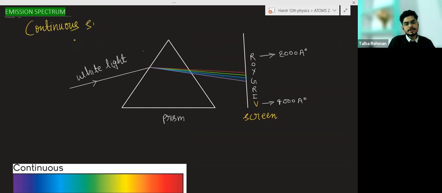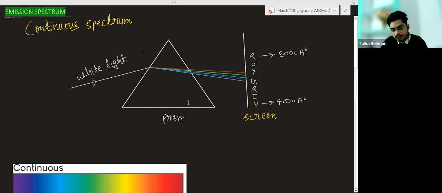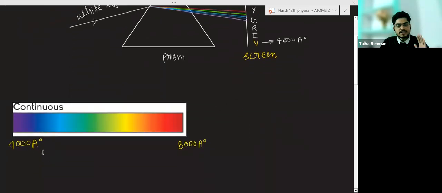This is known as the continuous spectrum. In a continuous spectrum, on the screen you will get all the possible wavelengths from 4,000 angstrom to 8,000 angstrom, meaning all types of color related to these wavelengths.